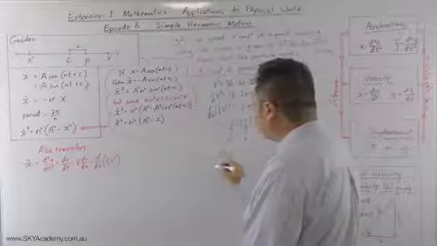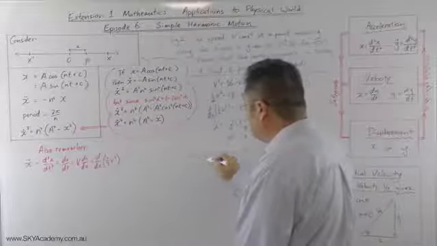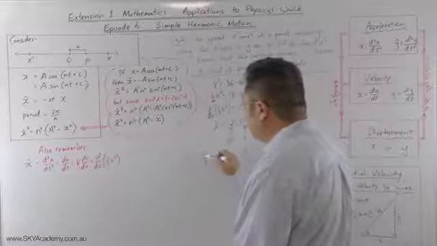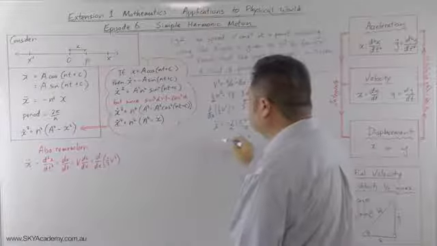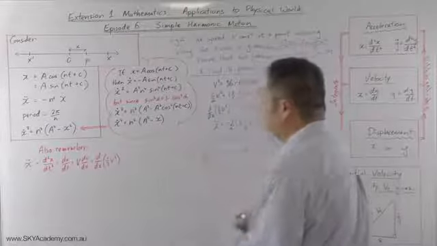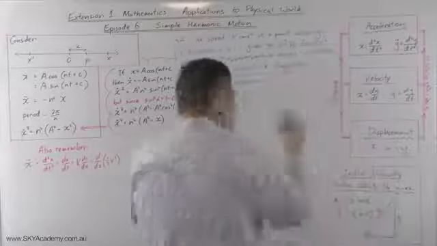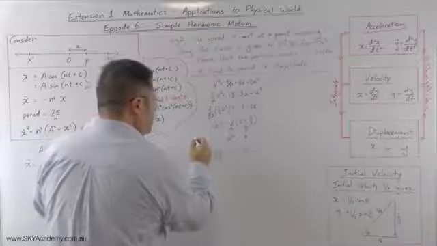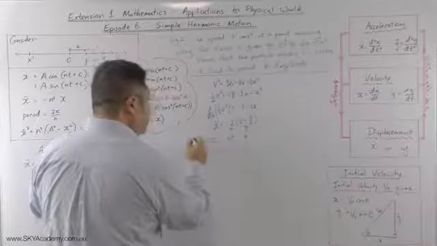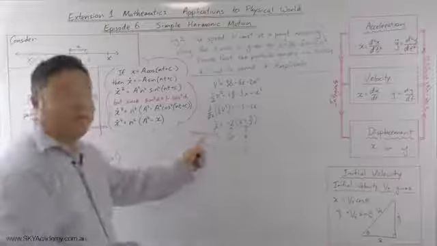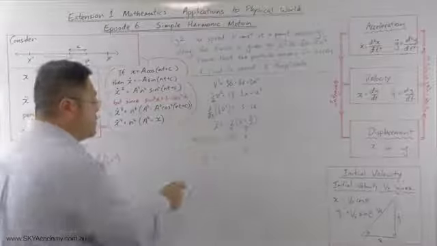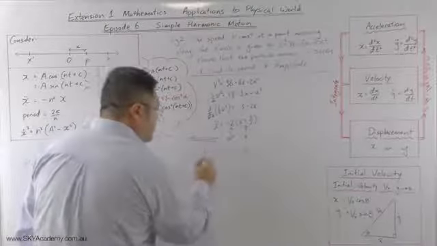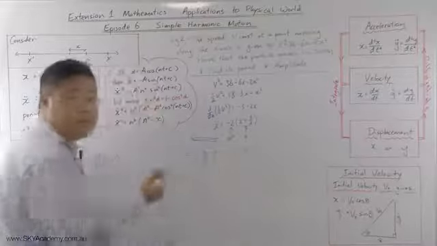If that's 0 and that's -3 on 2, that is basically where the oscillation is going to take place, somewhere around there. So in other words, hang on, let me come around this way. You've got a particle that oscillates back and forth about that point there, which is -3 on 2. Does that make sense?